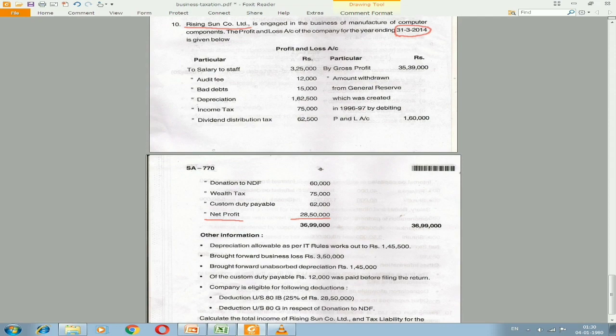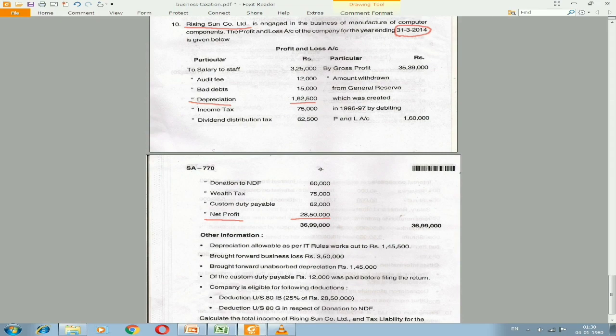As you can see in the table of profit and loss account, on the debit side we need to take non-business expenses. First one, salary to staff, which is related to business. Next, audit fees and bad debts are also related to business. We have a depreciation amount of rupees 1,62,500. It is non-business.